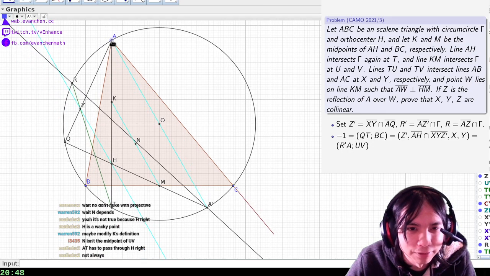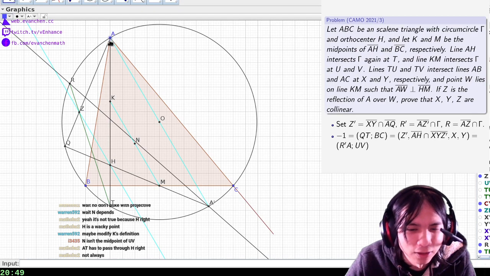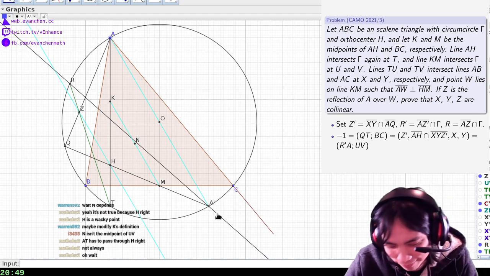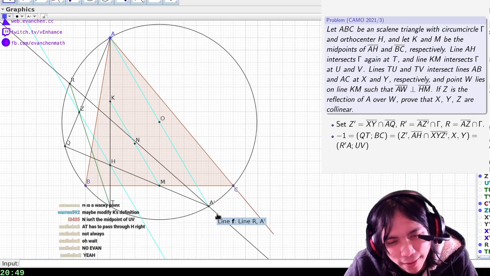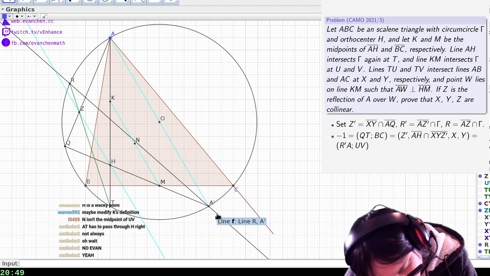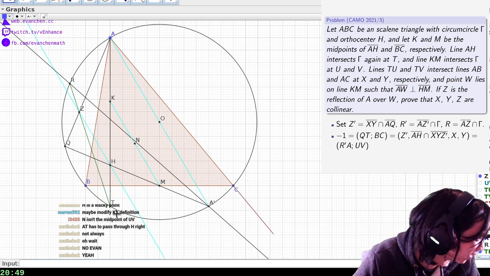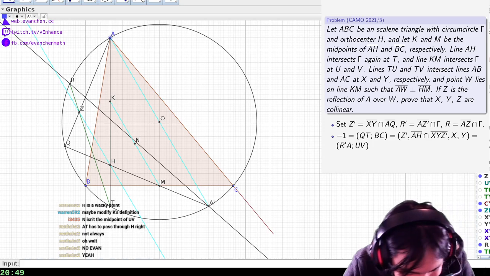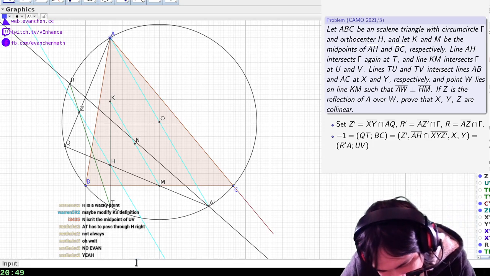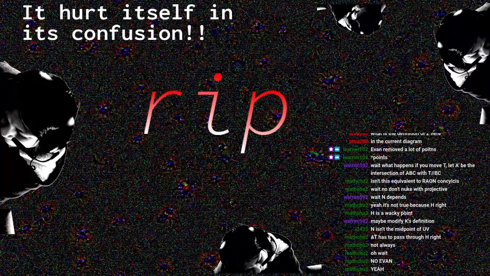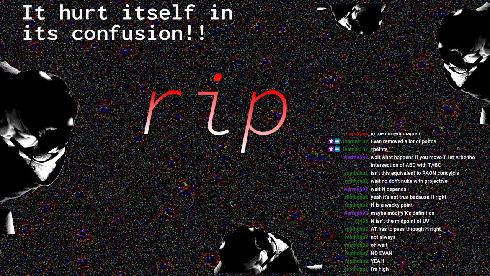N is not the midpoint of UV. Oh, I'm stupid. It's one of those days.